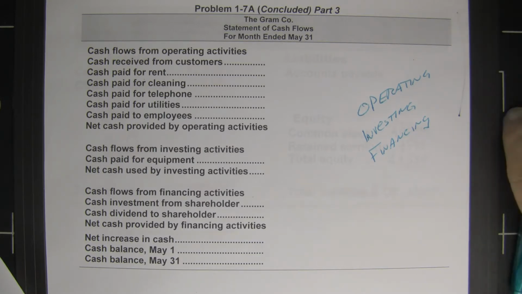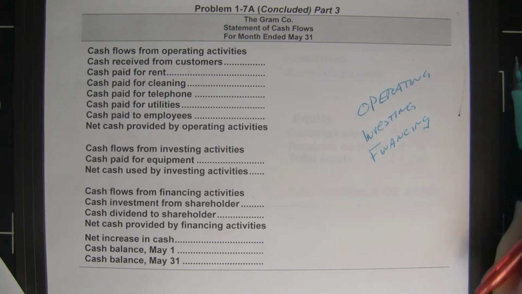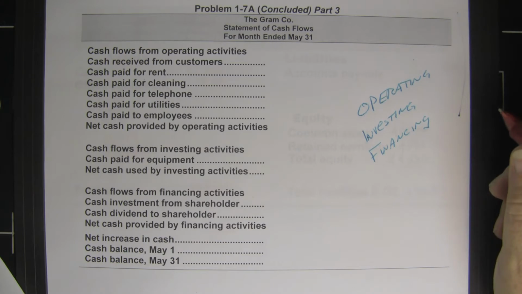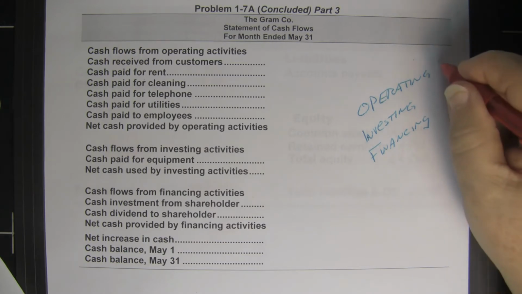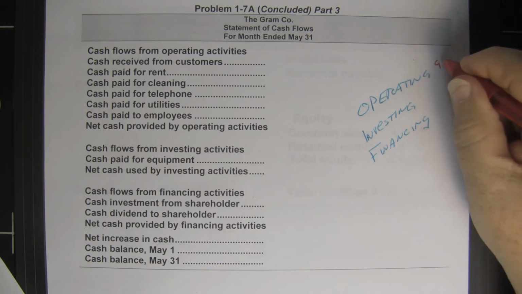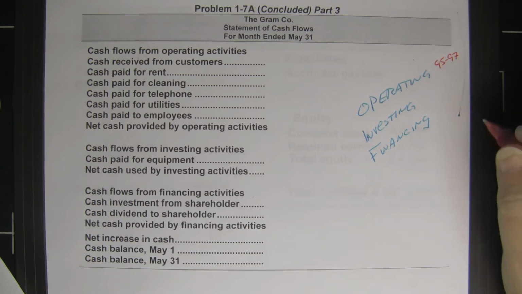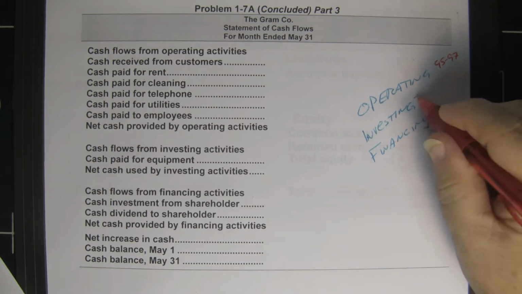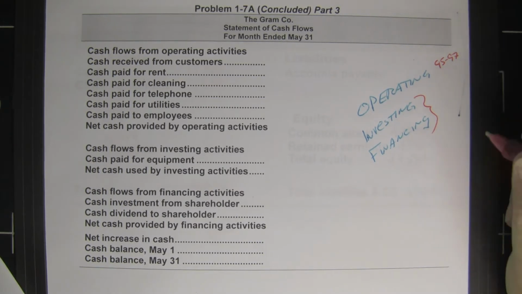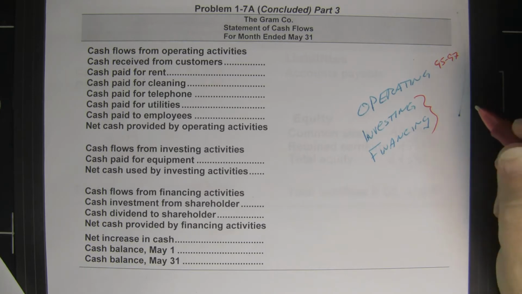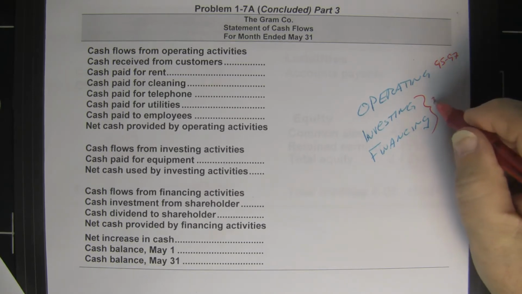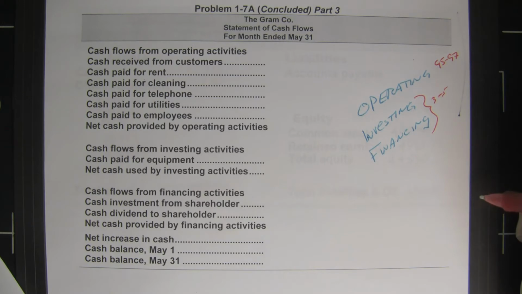So in reality, you can kind of use these as a guide as you're going through and looking at things. If you're not sure, I would say about 95 to 97% of all transactions are operating. The other 3 to 5 are investing and financing.